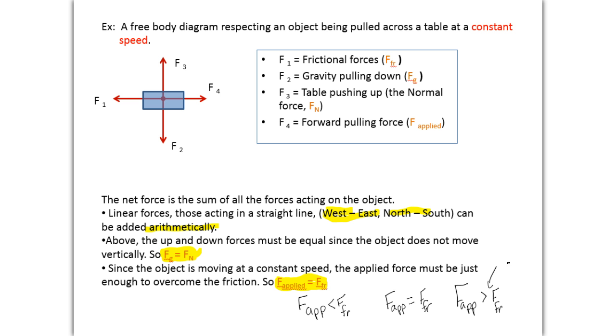In this case the car will be accelerating. Here you would have a constant speed. And in this case, the object doesn't move.